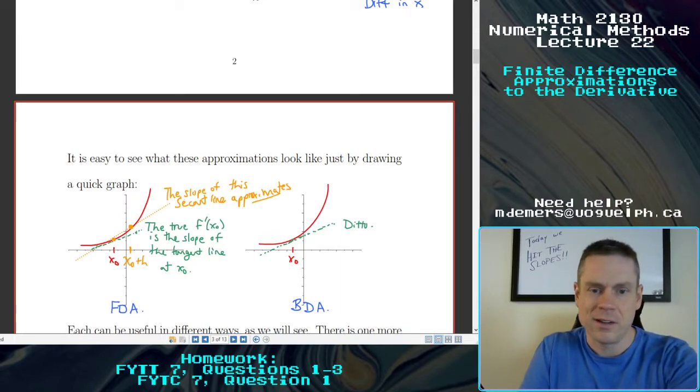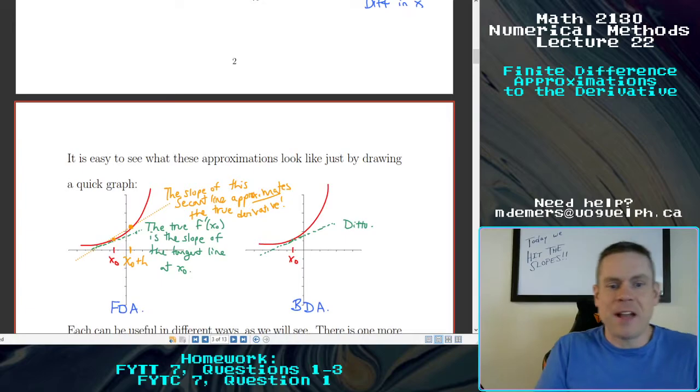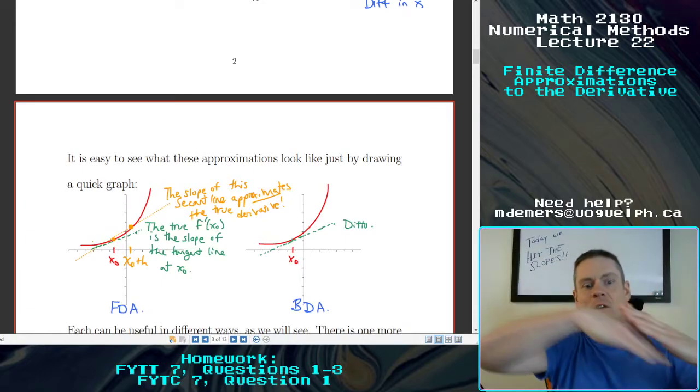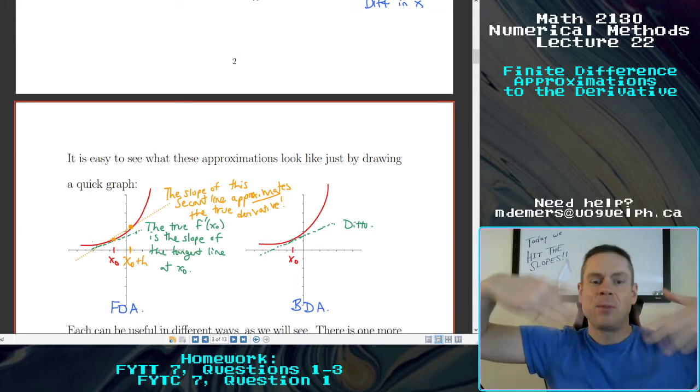Sorry for the ugly looking text here. So that orange straight line right there approximates that green line that is meant to be the true slope.